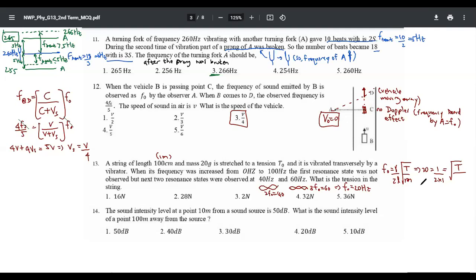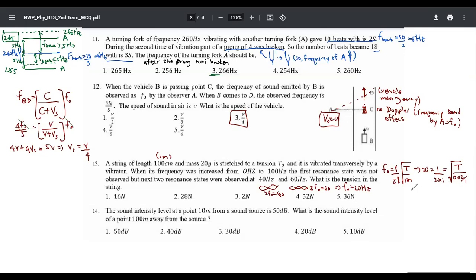Simple, M is mass over length. So that is going to be 20 gram divided by 100 centimeters. So that is 20 gram, 0.02 divided by 1. All right.